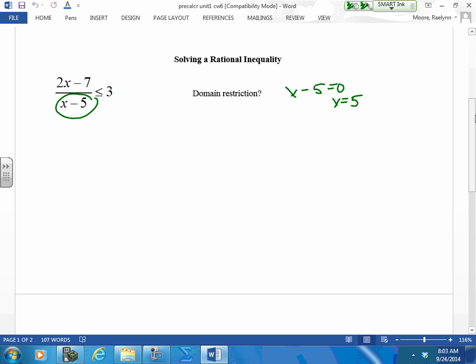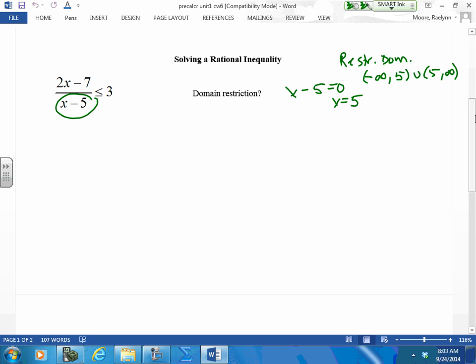Regardless what this inequality is, that's not going to happen. So my restricted domain, all the other things that I'm allowed to use, is negative infinity to 5, or 5 to infinity. Okay, so restricted domain out of the way.